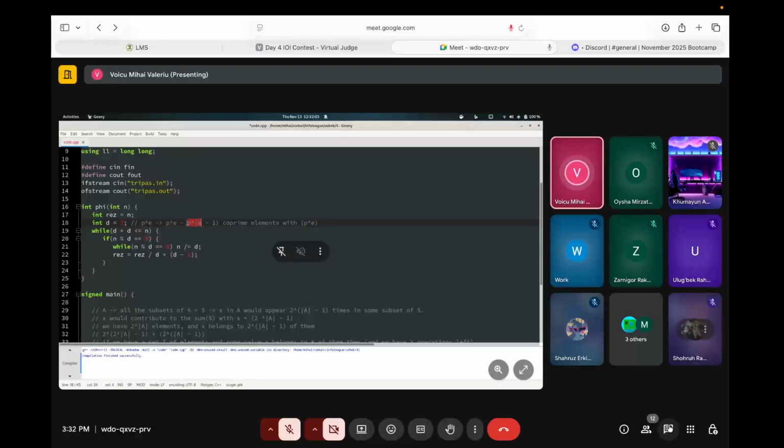Obviously, because this is the count of multiples of p until p to the power of e. And if n is described as a multiplication of more such powers of primes, out of the Chinese remainder theorem, we can choose a residue modulo each of the prime powers. Then we'd get a number modulo n with those residues, all of which are coprime with every single power of primes that compose n.